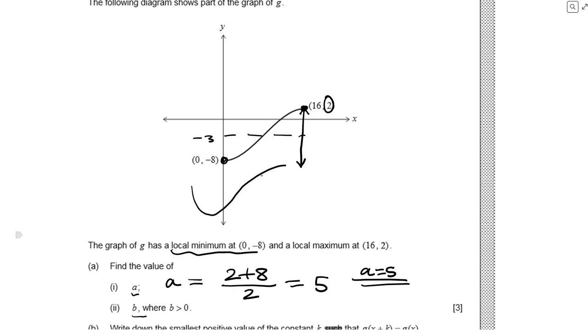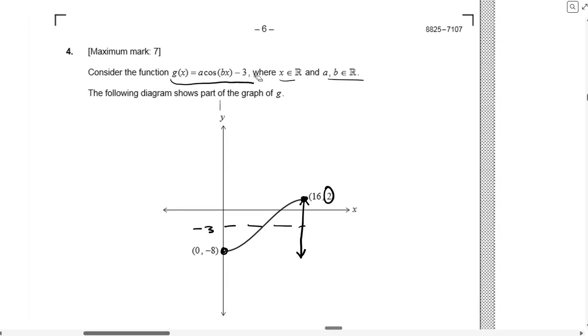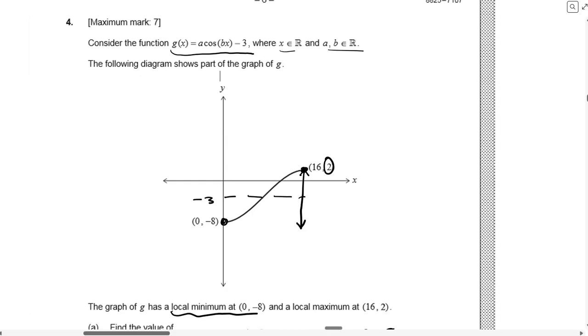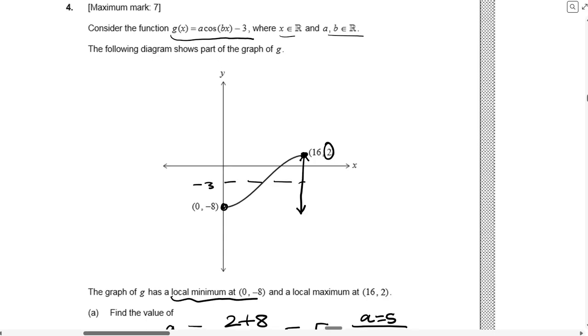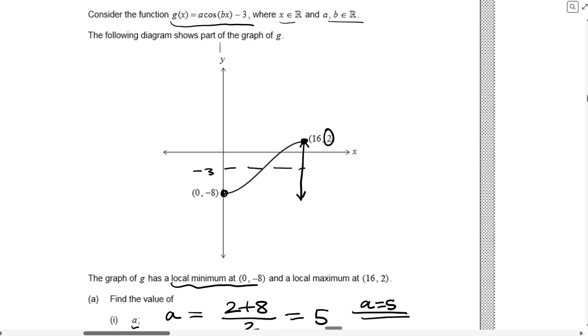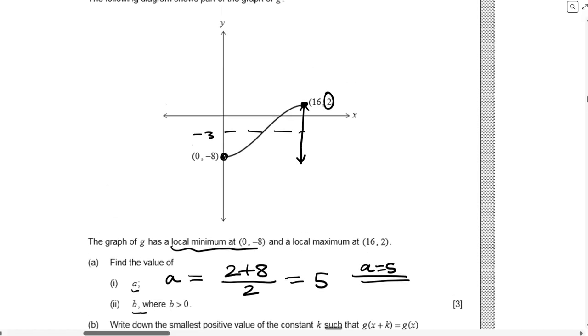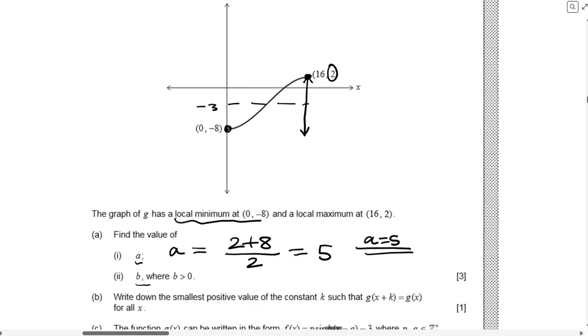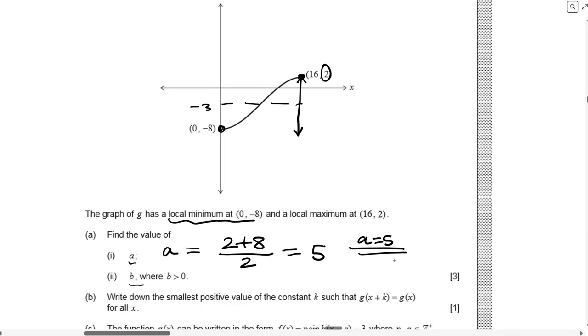That would make it negative. If we had this, it would make it negative. And we have a vertical shift of -3. Sorry, remind me, this should be a is equal to -5, right?